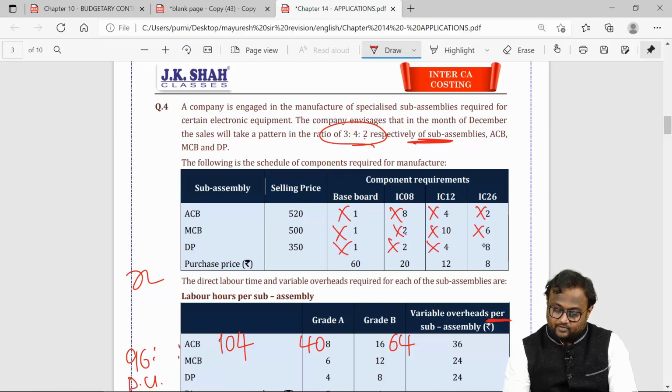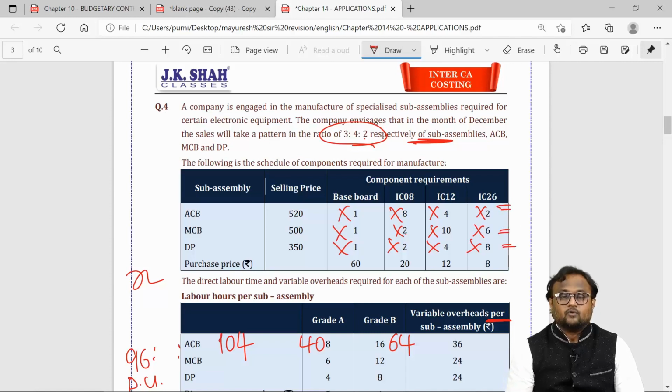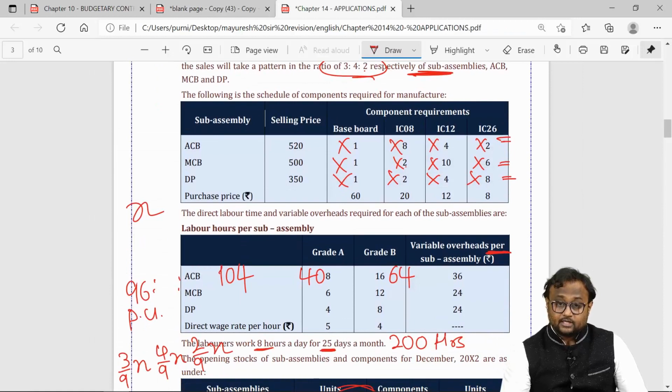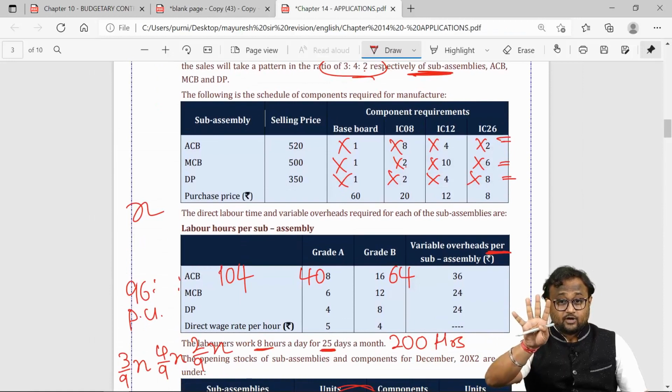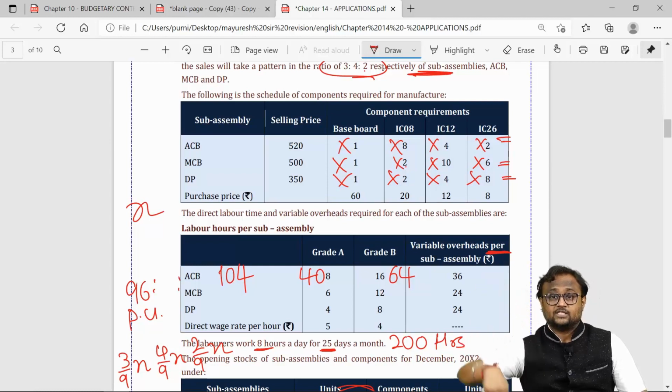DP, quantity manufactured multiplied by 1, 2, 4, 8 will directly give you your total answer of consumption. Add closing stock of raw material, less opening stock of raw material, same thing. See, now there will be 4 columns in the material consumption budget: Baseboard, IC08, IC12, IC26.